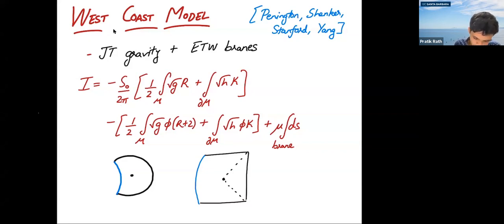In Euclidean signature, we have solutions that look like this. There's a boundary which has some given renormalized length, beta, and there's an end of the world brane that cuts off the solution. I've marked the extremal surface on this Euclidean solution with this dot. When we analytically continue it into Lorentzian, it looks like this, where there's a black hole horizon and there's an end of the world brane sitting somewhere in the interior.